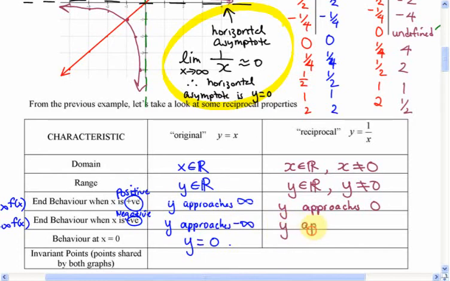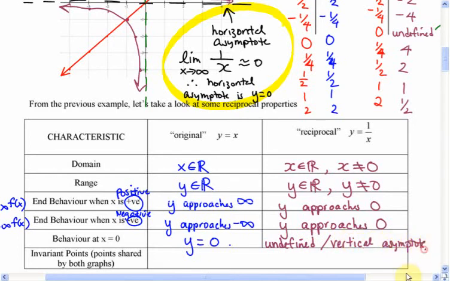Y approaches, yeah, 0 again. And now, Mr. Yu, can you give me your answer for the behavior at x equals 0? Undefined. Yes, now it's undefined, or what I'll call it, a vertical asymptote, okay?